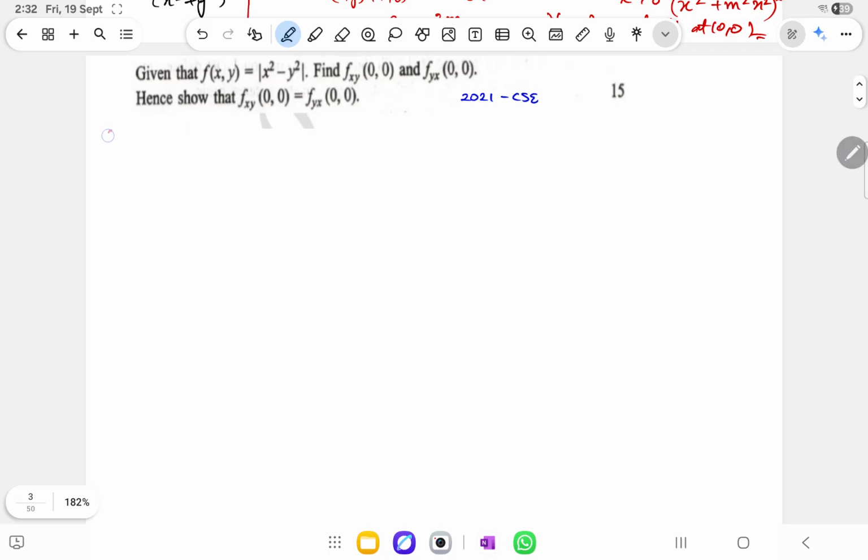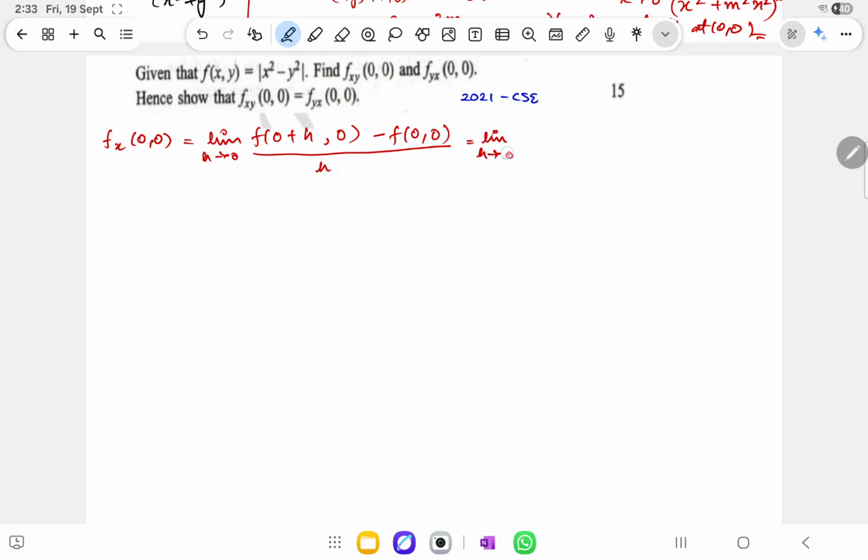For that, first let's calculate f_x(0, 0). This will be equal to the limit as h approaches 0 of [f(0 plus h, 0) minus f(0, 0)] divided by h, which is the limit as h approaches 0 of [f(h, 0), which is modulus of h square minus 0 square, minus f(0, 0), which is 0] divided by h. So this basically gives me 0 only.